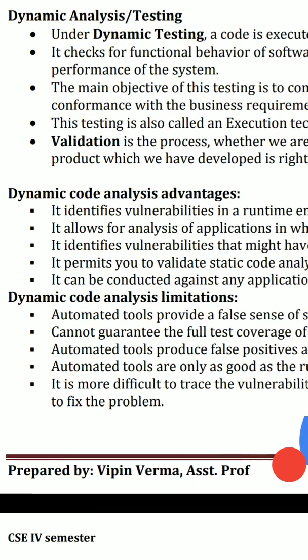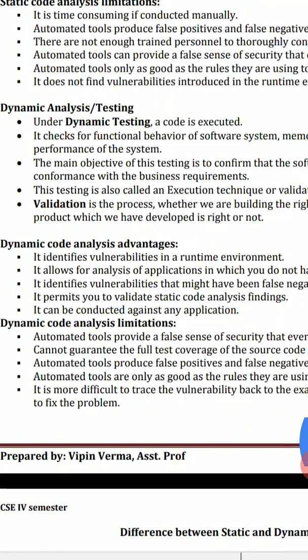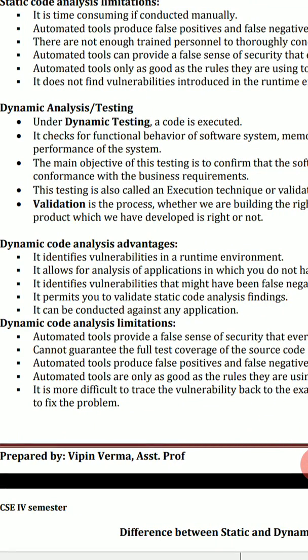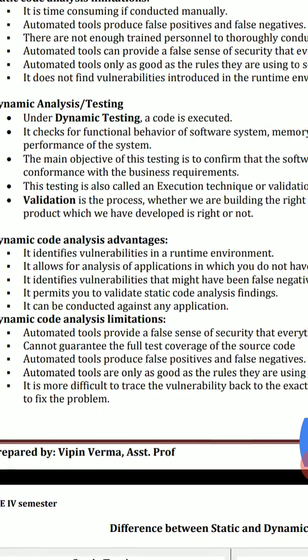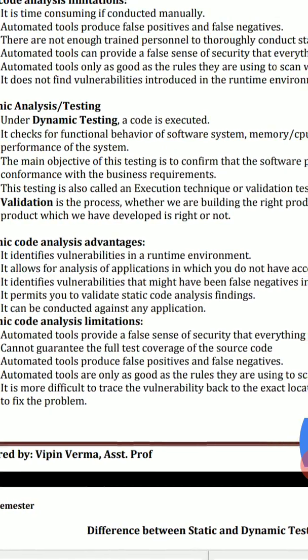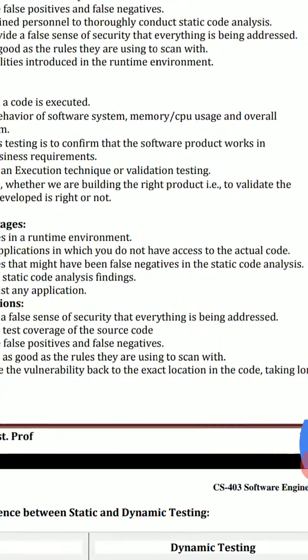Then, dynamic code analysis advantages. What are the various advantages of dynamic code analysis? It identifies vulnerabilities in a runtime environment. It allows for analysis of applications in which we do not have access to the actual code.